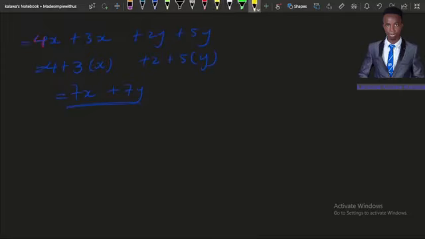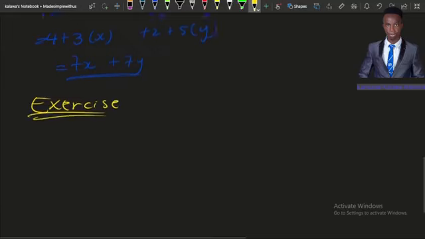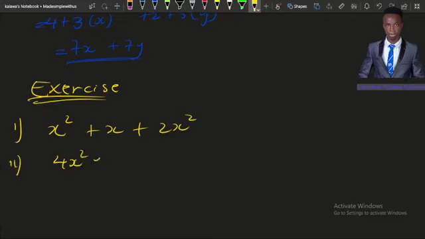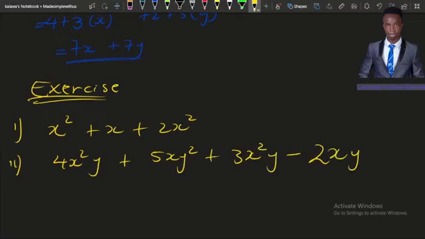Let's say exercise, we have x square plus x plus 2x square, and the second one is 4x square y plus 5x y square plus 3x square y minus 2x y square.